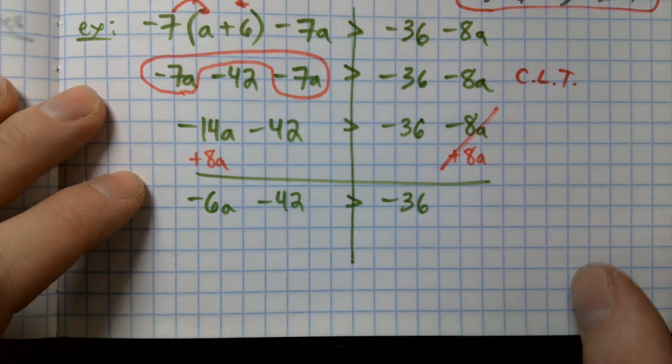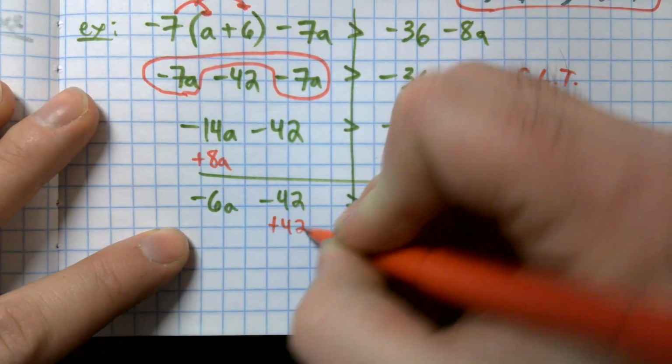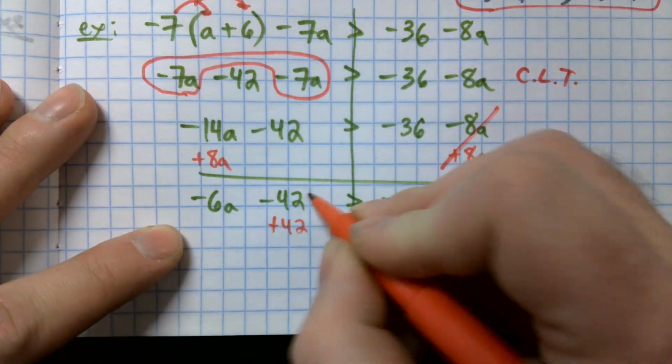What's next? Add 42. What is negative 36 plus 42? 6.